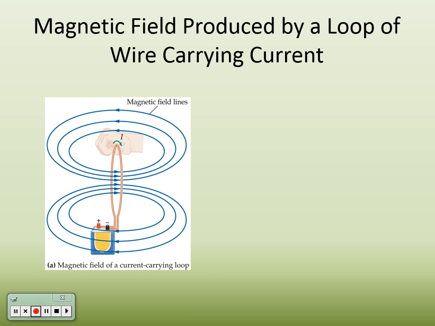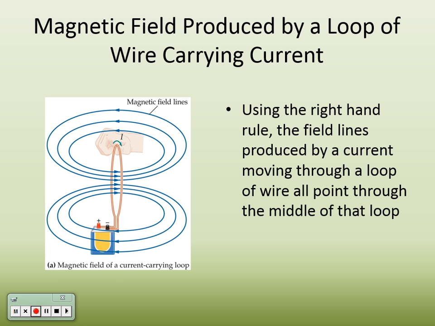What happens then is that when we make these field lines on a loop, your fingers always point the same way. And so now the field from the top of the wire and the field from the bottom of the wire start lining up with each other.